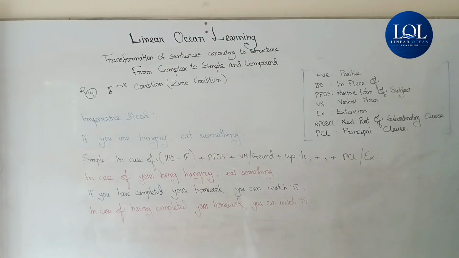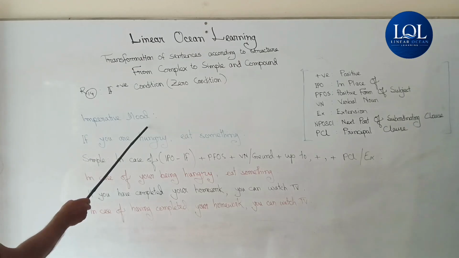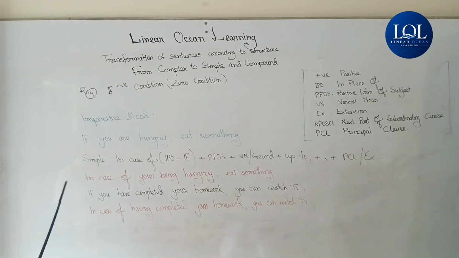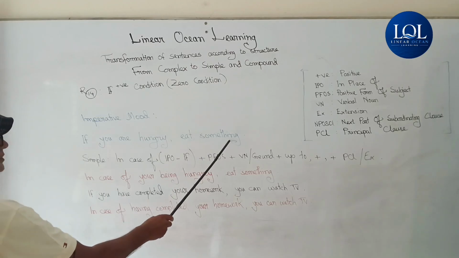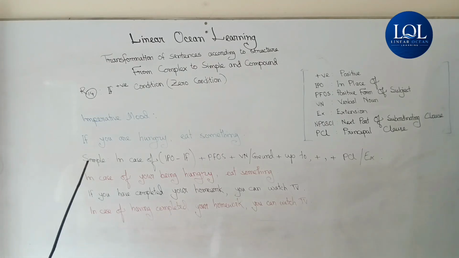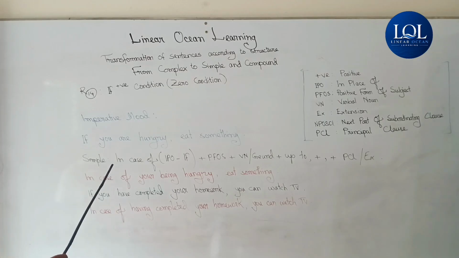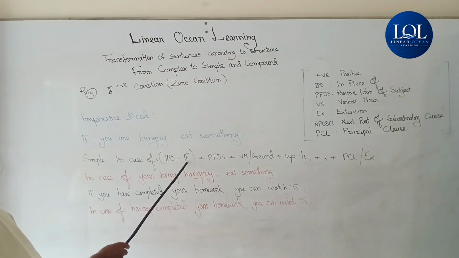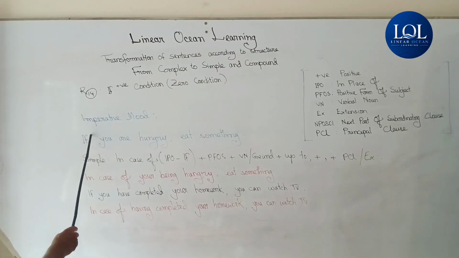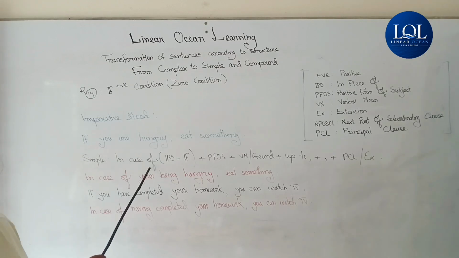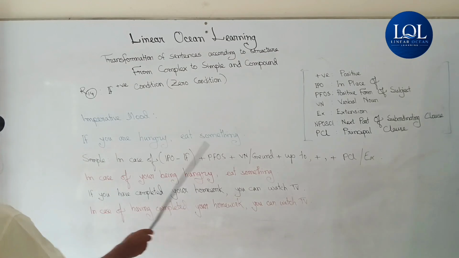Viewers, let us come to the point of imperative mood on zero condition. If you are hungry, eat something. It's in imperative mood. To make it simple, we have to follow this structure. In case of IPO if, that means in place of if, we have to write in case of. Then possessive form of the subject.